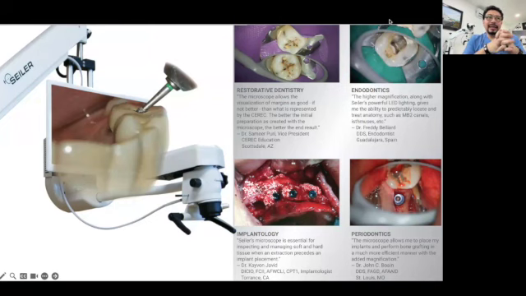I can say that after endodontics, the second specialty in dentistry that is using a microscope on a more regular basis is periodontics. In periodontics, they are trying to use the microscope a lot.